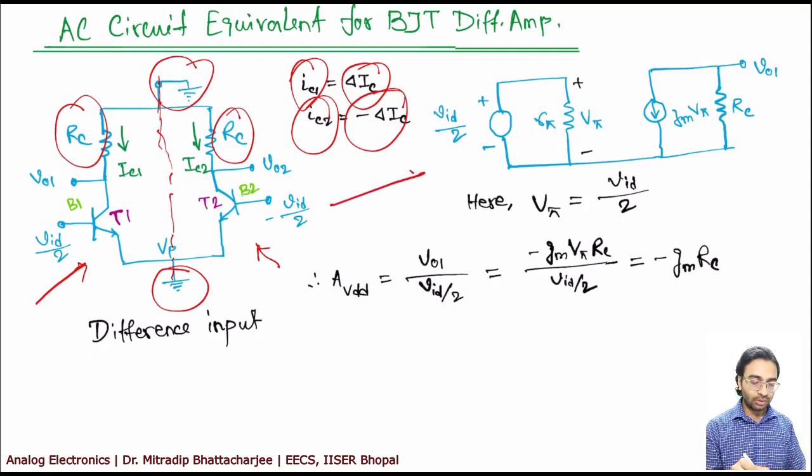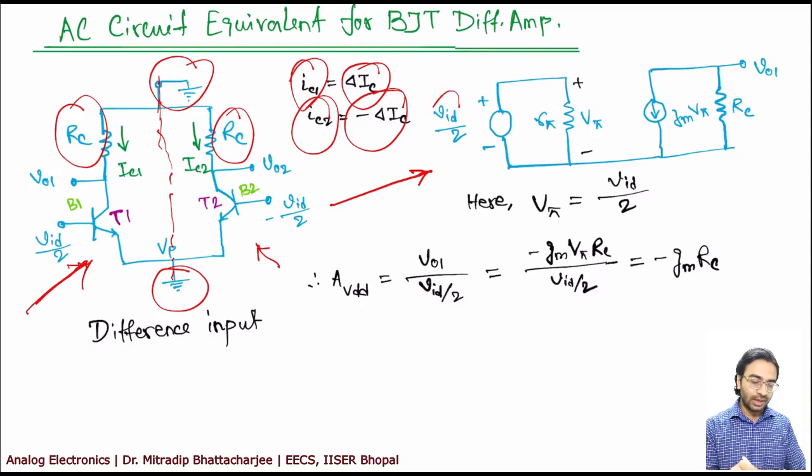Now if you draw the equivalent circuit of this BJT, I have just considered the left-hand side, just one side. Because it is symmetric, I can analyze one side and the same will happen for the other. It's simpler. I have already discussed this symmetric case.